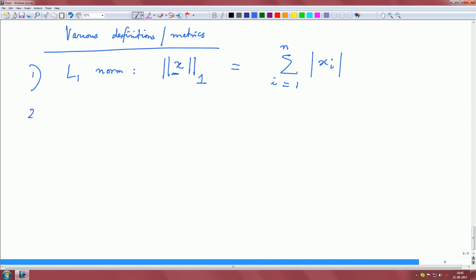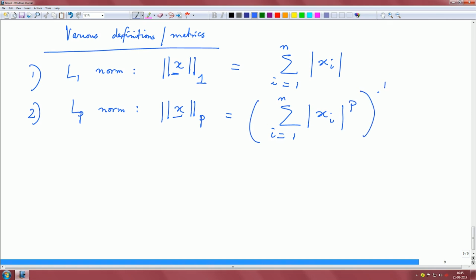If you generalize this, we have the Lp norm, denoted as the p-norm of x, which is the sum over i equals 1 to n of the absolute value of x_i to the power p, summed over all the n coordinates, and then take the pth root of it.